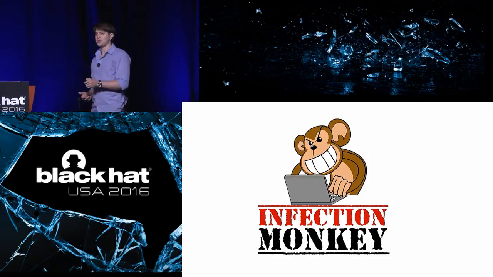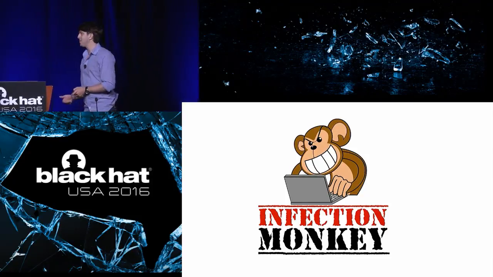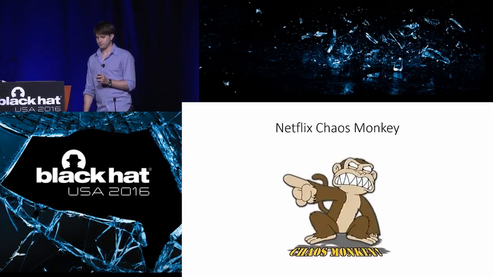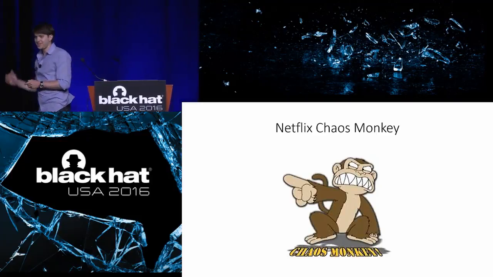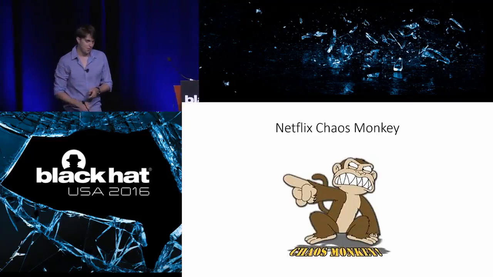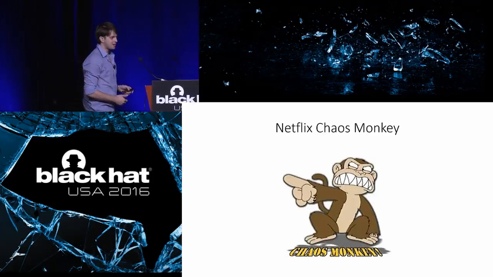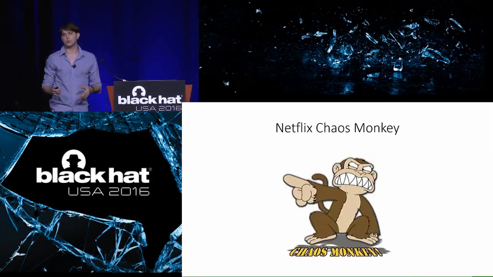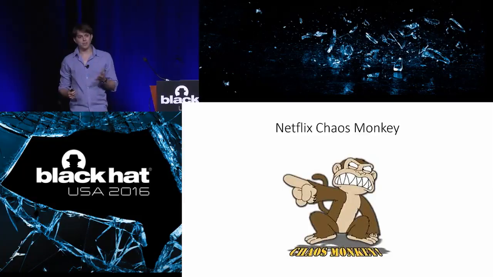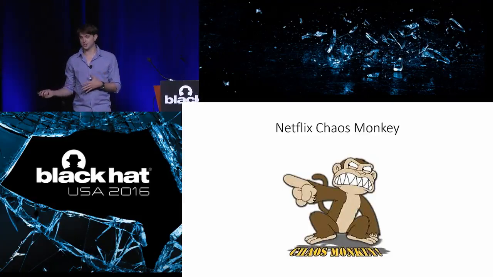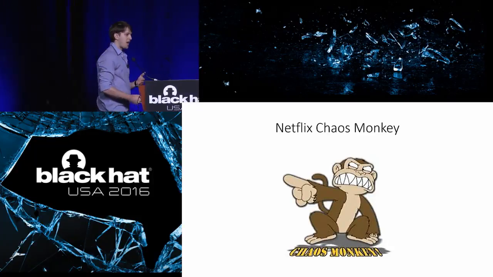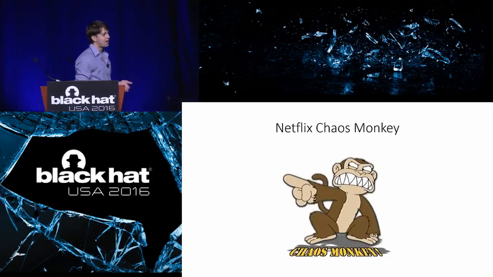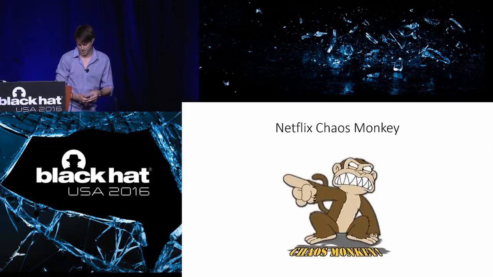So today I would like to introduce you to our in-house tool we named Infection Monkey. Our story begins 5 years ago in 2011 when Netflix released Chaos Monkey, a tool which was designed to randomly disable the company's production servers so they could make sure they can survive network failures without causing any impact to their customers.